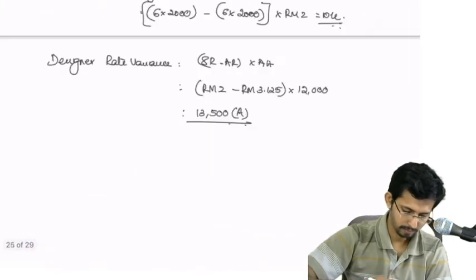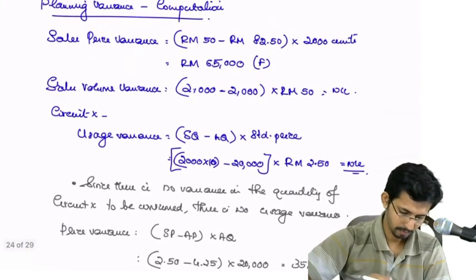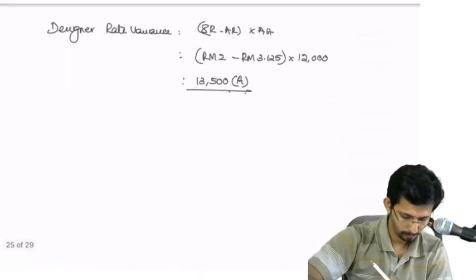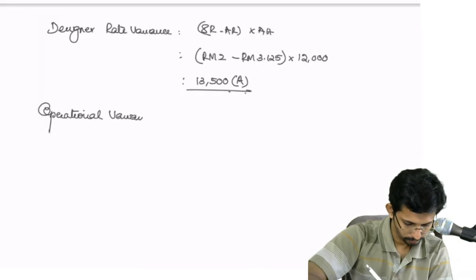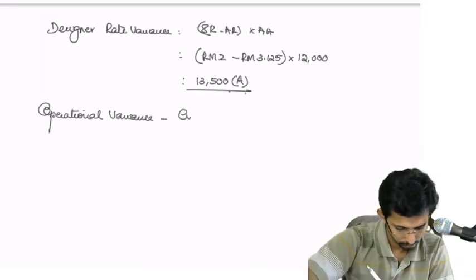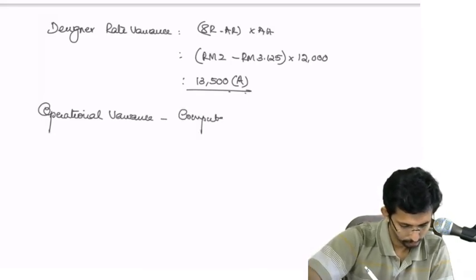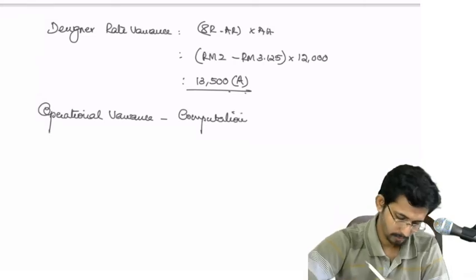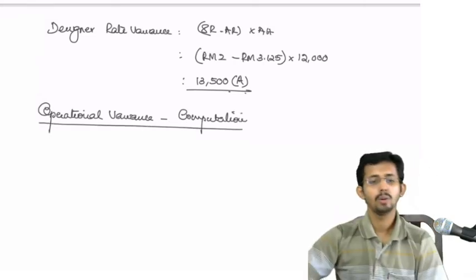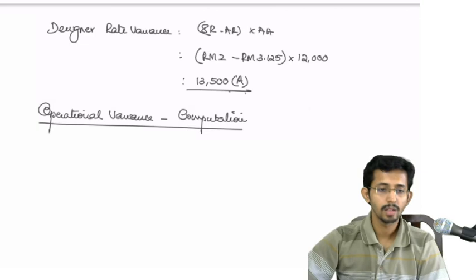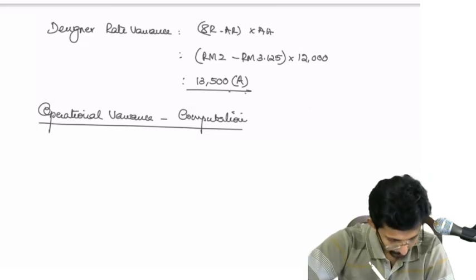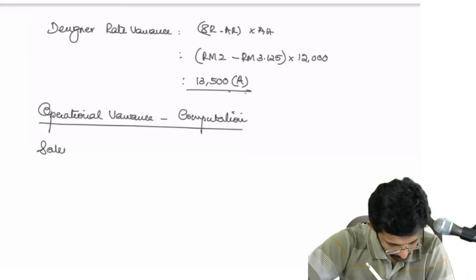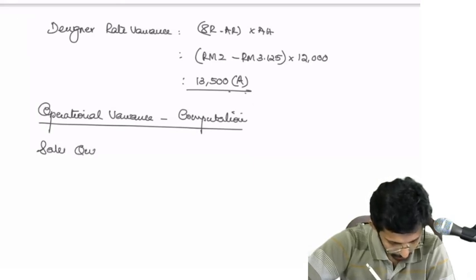Statement of operational variance. How do you compute operational variance? Sales price variance, sales quantity variance.